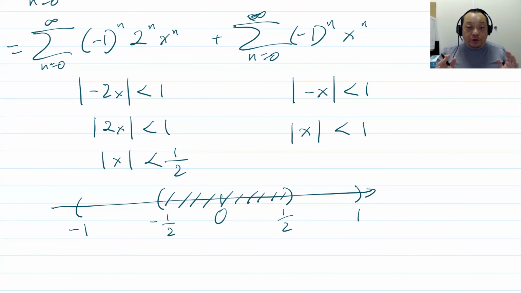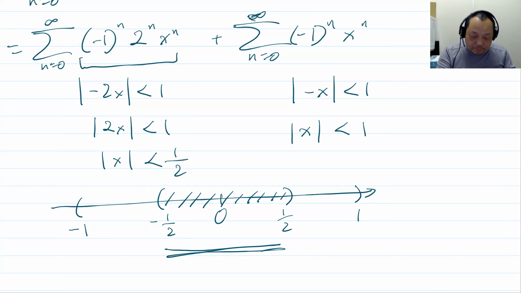So going back to our 2 series, they do share this interval of convergence where they are both absolutely convergent. If they don't share any interval of convergence at all, then we cannot do this, but they do. So now we can combine them term by term. We can basically write this term plus that term and put them under one single sigma.